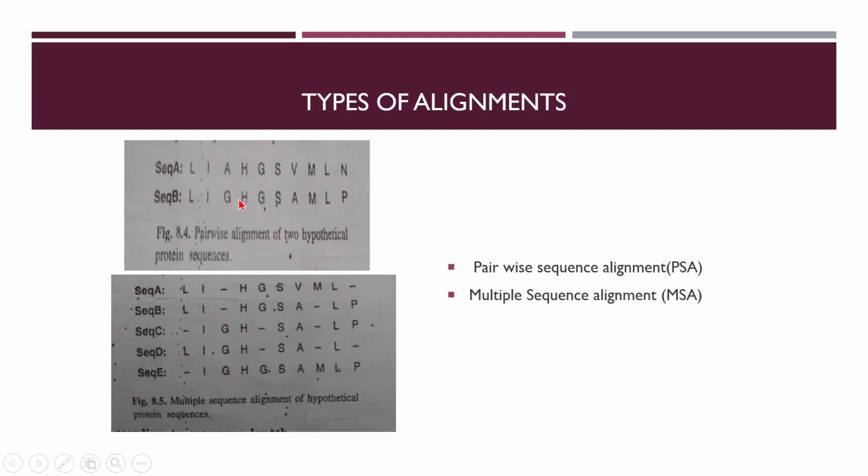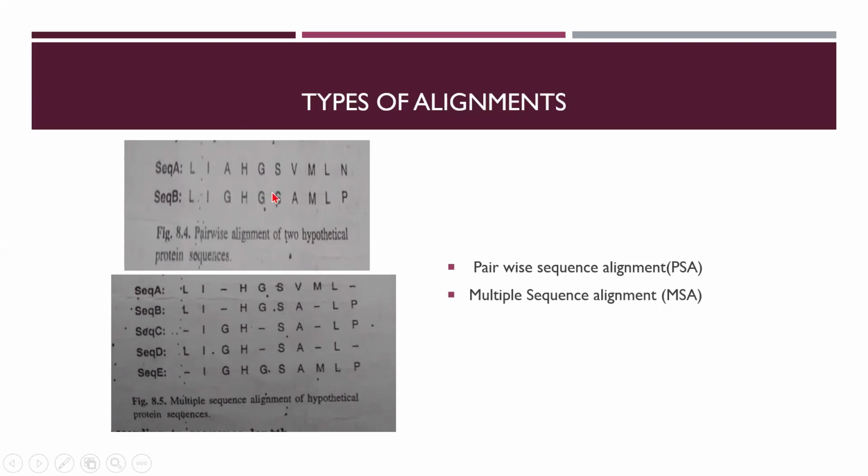And what is the use of this pairwise sequence alignment? It helps in finding out the regions of similarity or dissimilarity. By finding the regions of similarity or dissimilarity, it helps in finding the evolutionary history of the sequences. So these are the reasons why we carry out pairwise alignment of sequences.